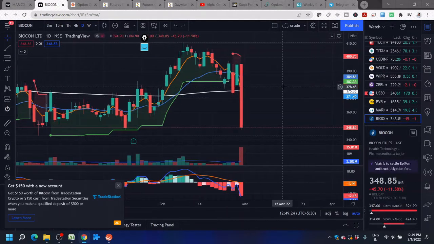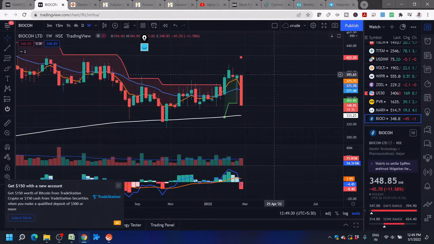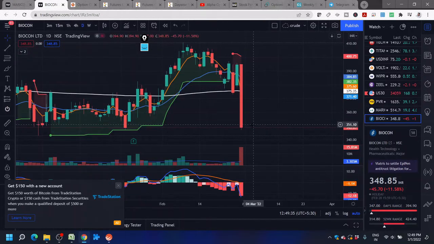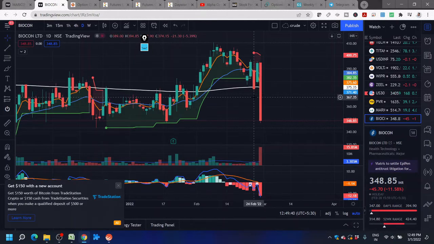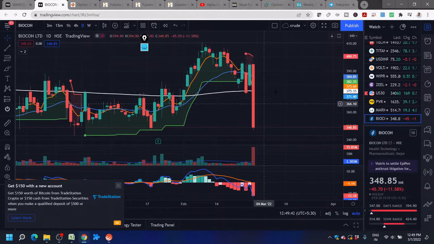Look at that candle. Whoa. Amazing, amazing candle. It's definitely a short, but you have to wait for it to retrace a little bit, and definitely you can go for 25% short here on the future, or buy a put. You can definitely buy a put here, or make a put spread.